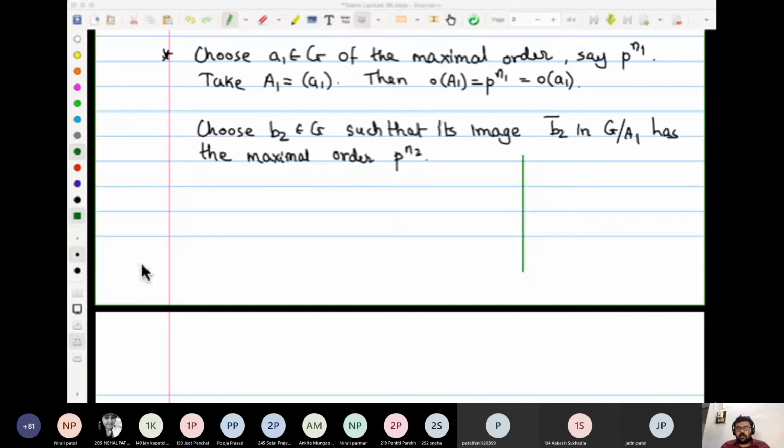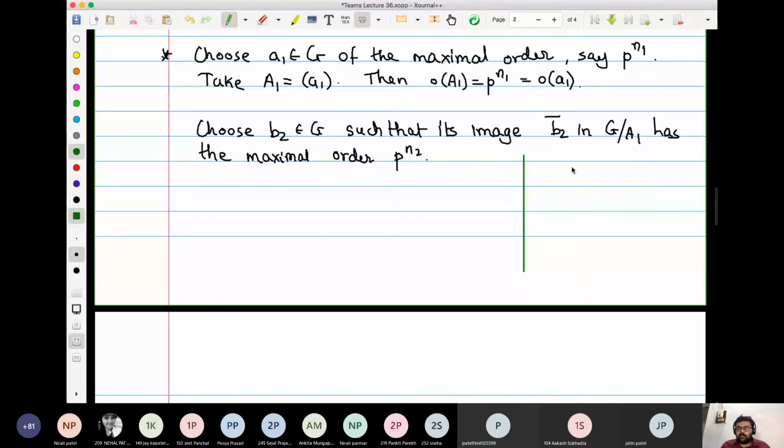Yeah. Okay. So this is a homomorphism, G to G quotient A1. We have seen this in the first unit. If N is a normal subgroup, then we have a homomorphism G to G quotient N. How do we get it? If I take any element B here, B is mapped to BA1, x going to Nx.